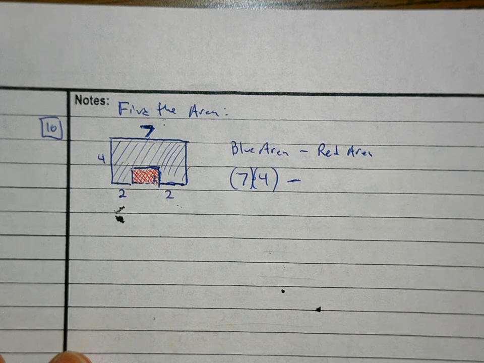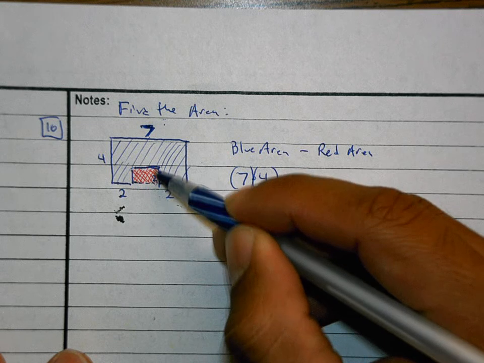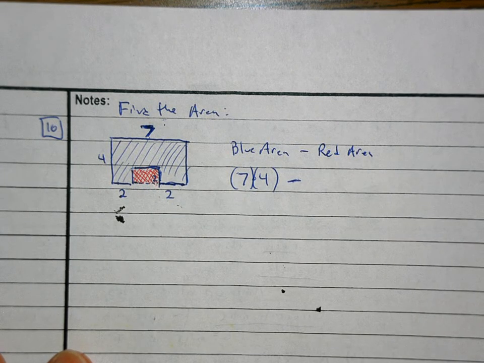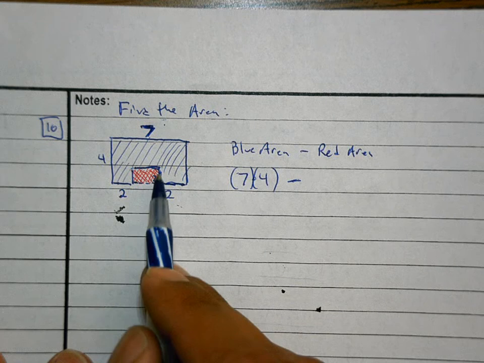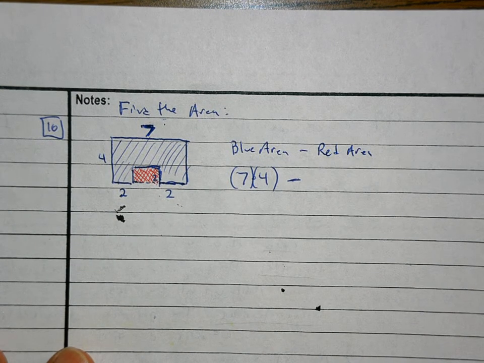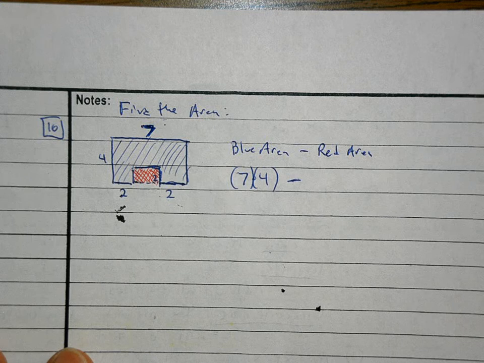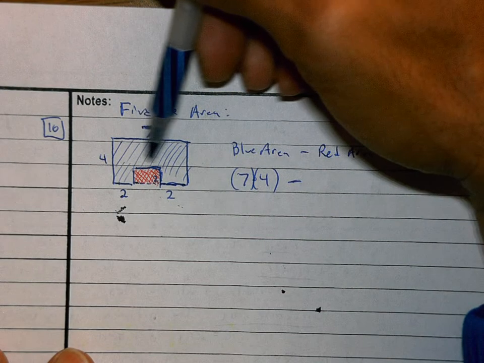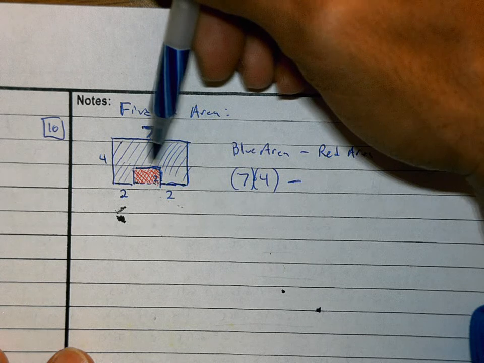Now the red area is a little bit harder because I only have the height. I only know that from here to here it's 2. What I don't know is how long it is, unless I do some other form of logic. Do you know how long this is? 3. How do you know that it's 3? Because we subtract the 2.